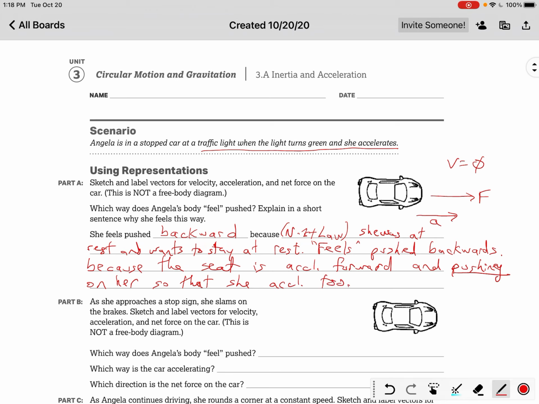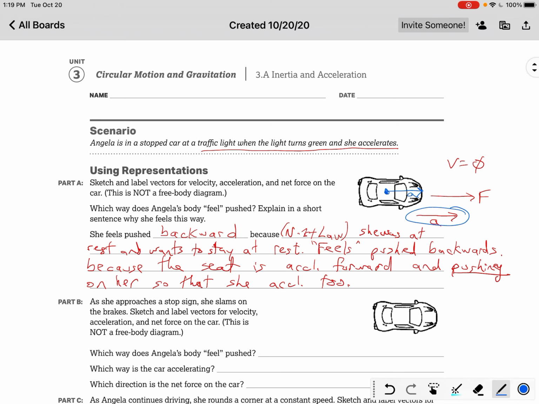Her body is in the car. Something has to be applying a force to her. If we're going to examine Angela, something has to apply a force to her to make her accelerate. What is that thing that's applying the force? Well, in this case, it's the back of the seat pushing her forward. So not only is the car accelerating, Angela in the car is also accelerating right along with it. That acceleration is caused by a force pushing her forward, so she feels like she is pushed backwards.